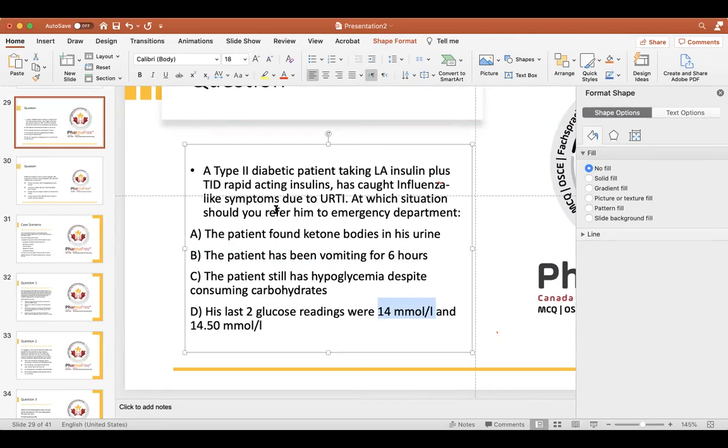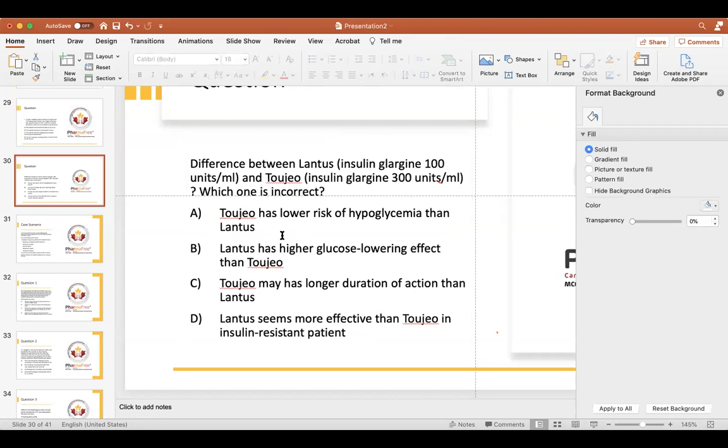Okay. Difference between Lantus and Toujeo. Both are insulin glargine: 100 units per milli for Lantus and 300 units per milli for Toujeo. Which one is correct?